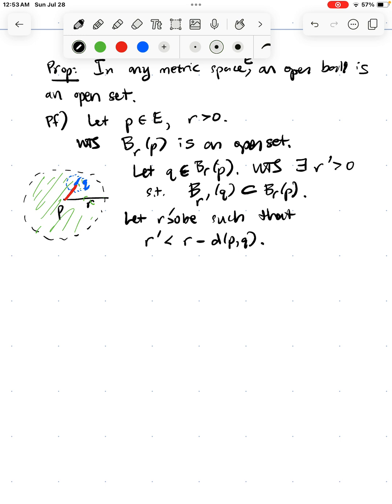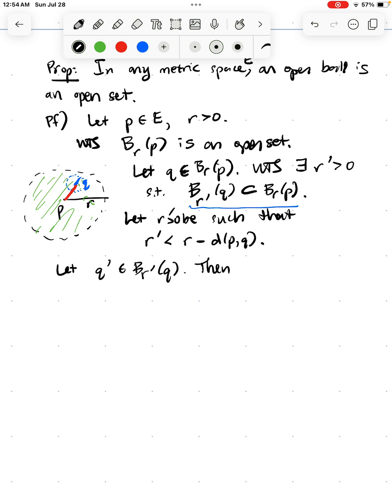Okay, now let's prove that we have this statement for this value of R prime. So we would have to let, say, Q prime be an element of this ball.